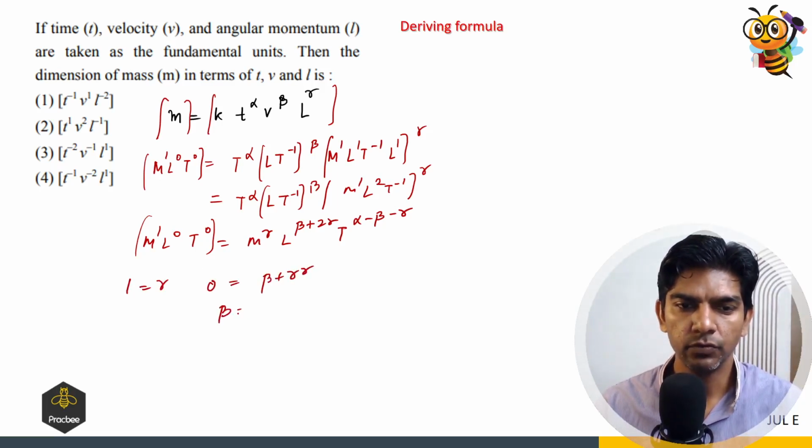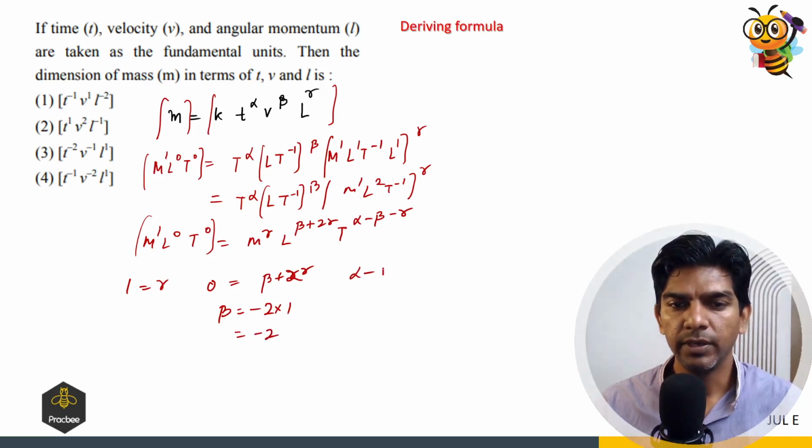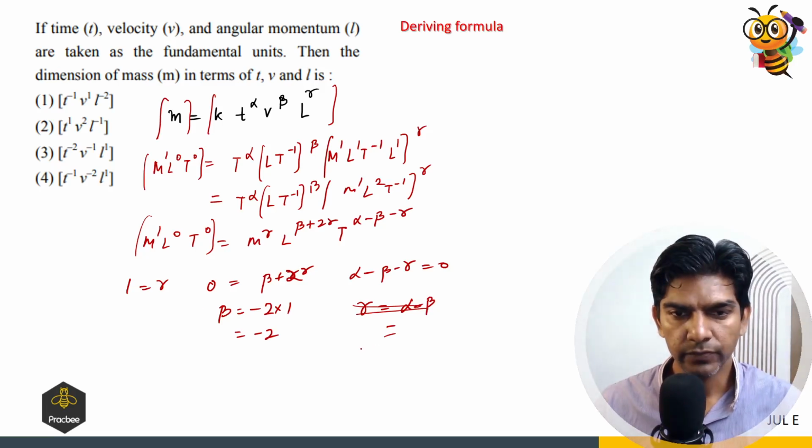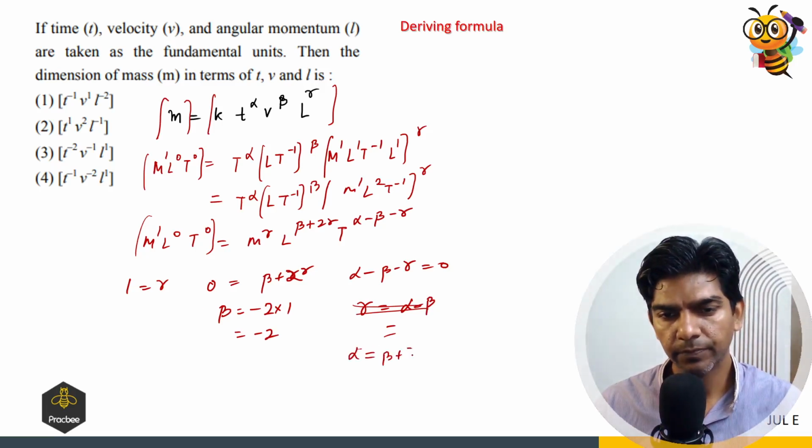So beta comes out to be minus 2 times 1, that will be minus 2. And alpha minus beta minus gamma will be 0. So we have to find alpha. So alpha will be beta plus gamma, right? So beta is minus 2, gamma is plus 1, so that will be minus 1.